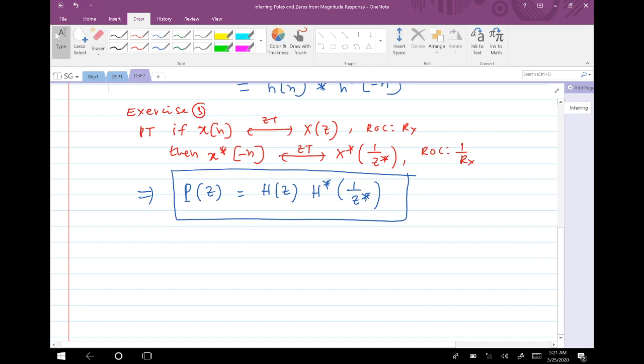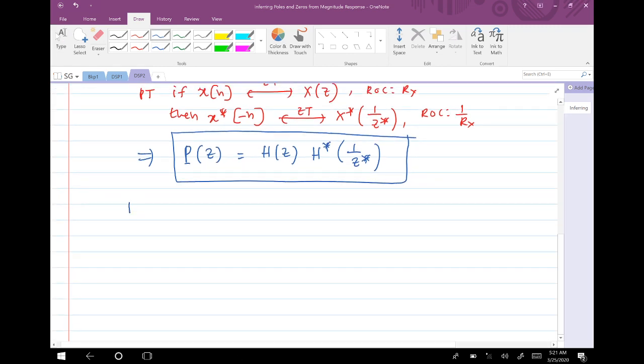Notice now, what is the problem that we are trying to address here? You are given P of z, and from that can you say the pole zero plot of H of z. To do anything similar to that, let's first take the expressions as I mentioned in the previous class. We consider the rational transfer functions.